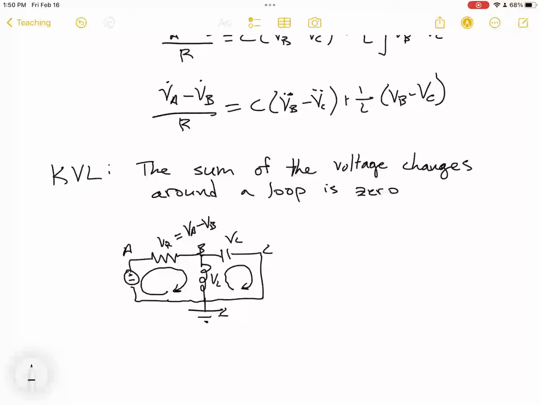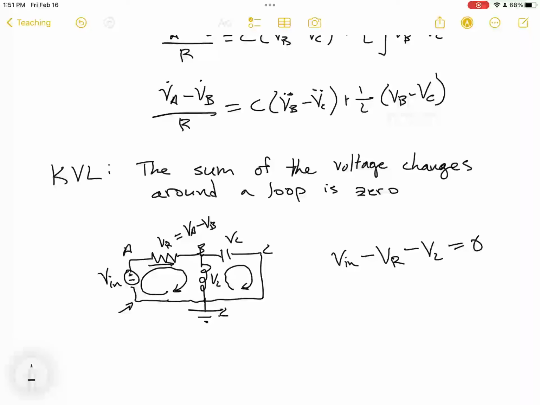So if we take this loop, we'll do the one on the left first. We'll say this is VN, some voltage source. If we start from the bottom right here, we can use a positive voltage source, but then as we go through this direction, we're going to subtract VR and then subtract VL.